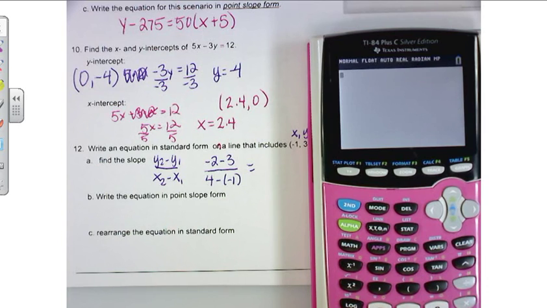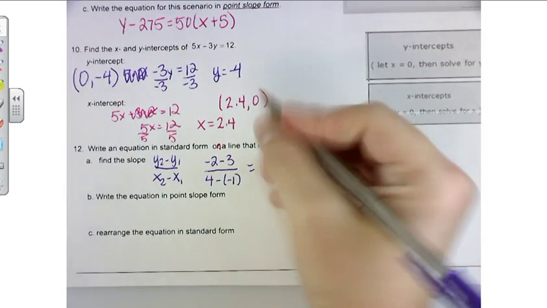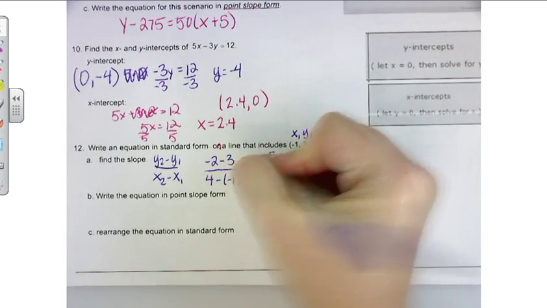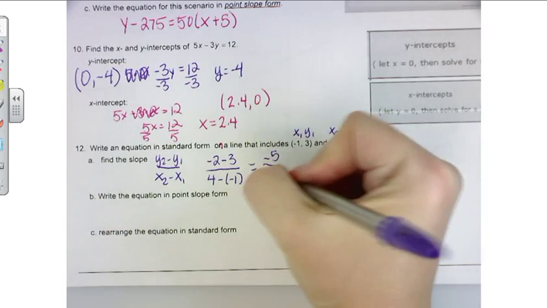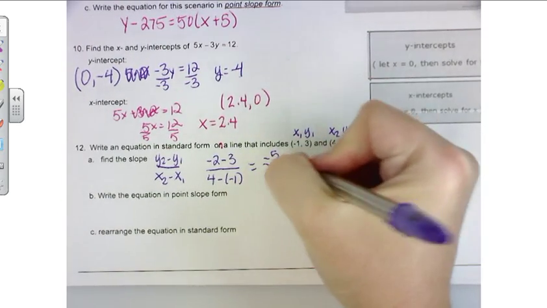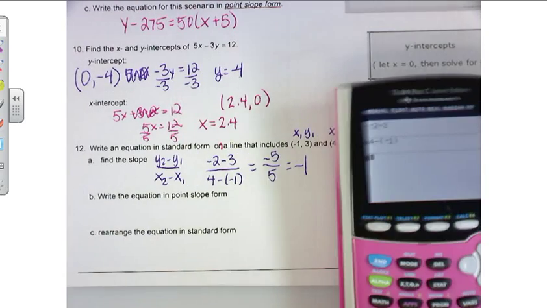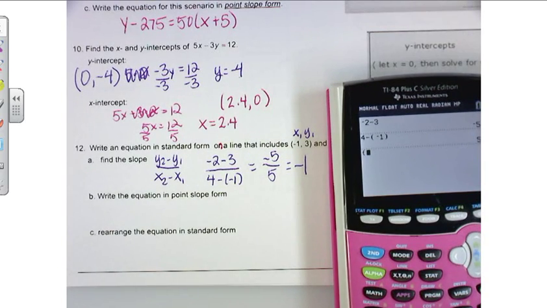So let's do this. We're going to go -2 minus 3 equals -5 over 4 minus parentheses -1, 5. And we know this is going to reduce to a -1. If you don't know that, if you don't look at that and see it, throw it into the calculator. -5 divided by 5, boom, -1.